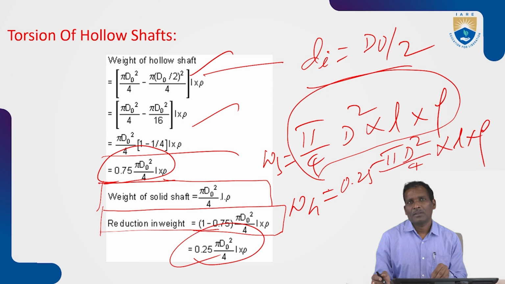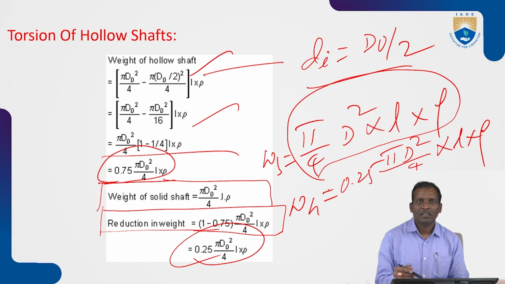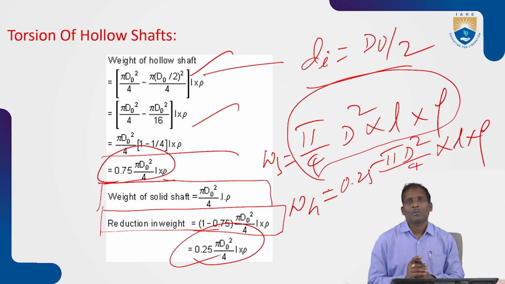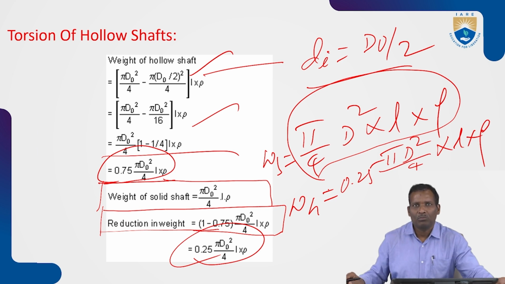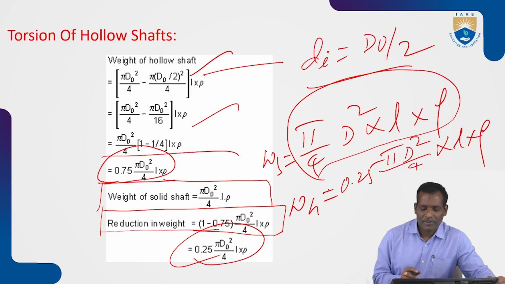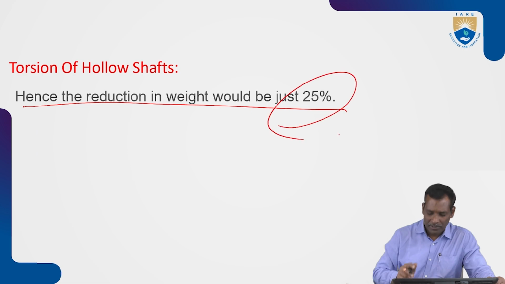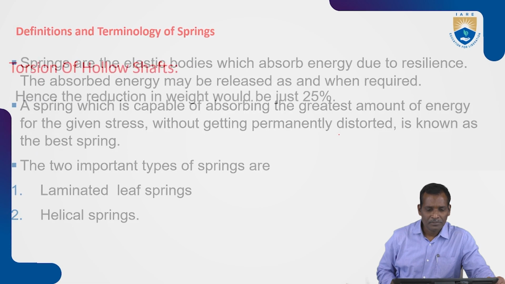So how much reduction in weight? 1 minus 0.75 into pi d naught square by 4 into L into rho, so finally you will get 0.25 pi d square by 4 multiplied with L into rho. So this is the reduction in weight when compared to the solid shaft, hence the reduction in weight would be just 25%. Clear?